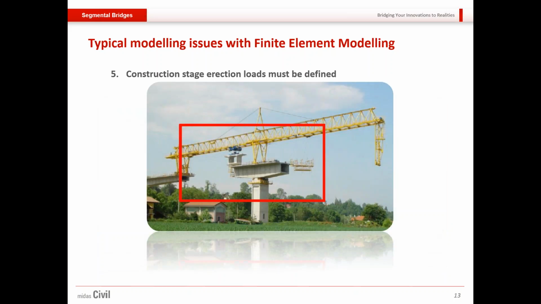While for the same balanced cantilever bridge, if we are going for a precast segment method, then as can be noted from the image, the crane would be acting on your pier table, and the moment due to the segment which is taken up would be transferred to your pier table only and not to the segment right before that. So for the same type of bridge, again the loadings would be different.